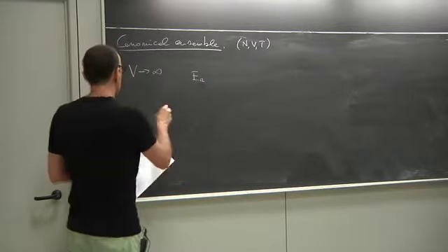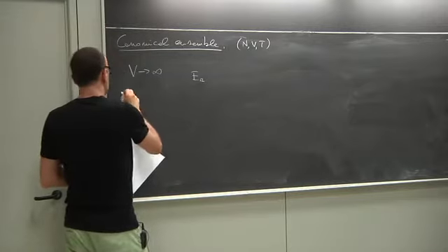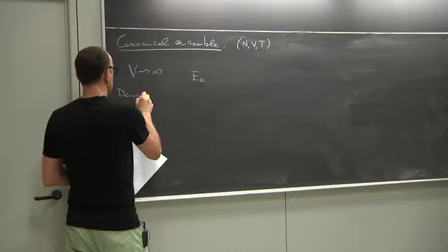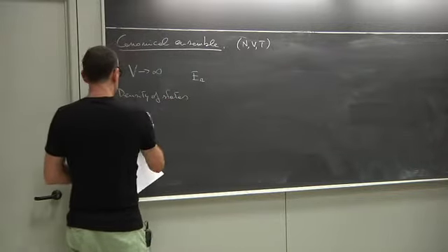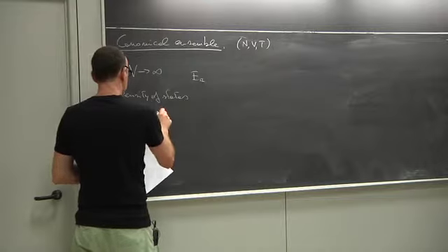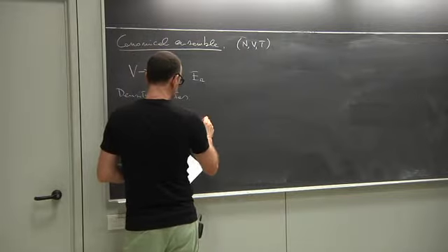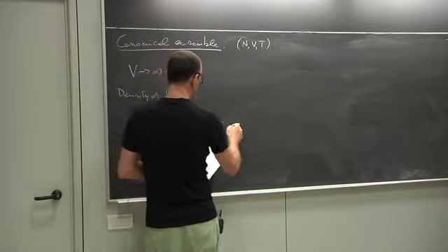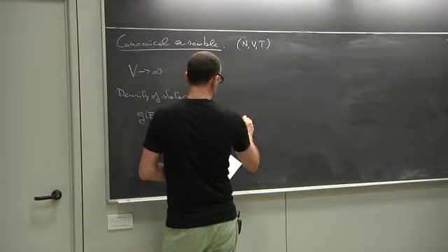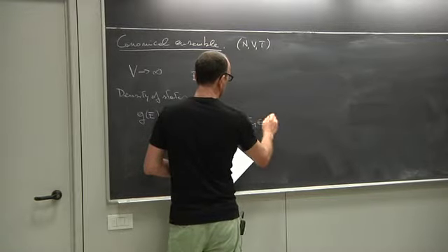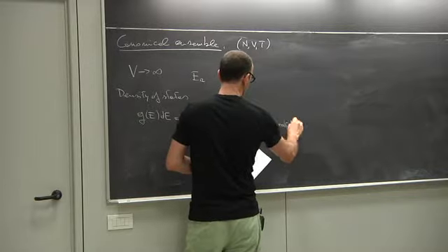So it is useful to introduce the density of states by saying that g(E) dE is the number of states with E_r in the interval E to E plus dE. Okay?